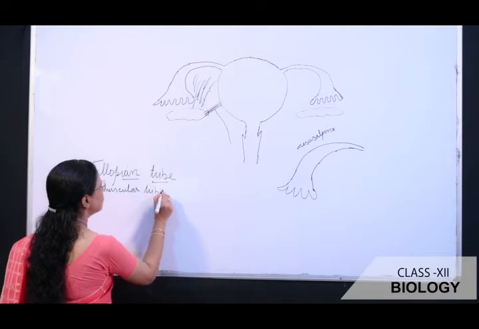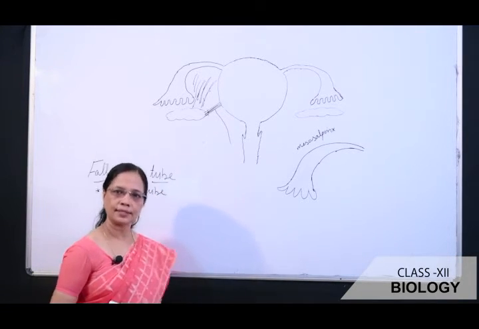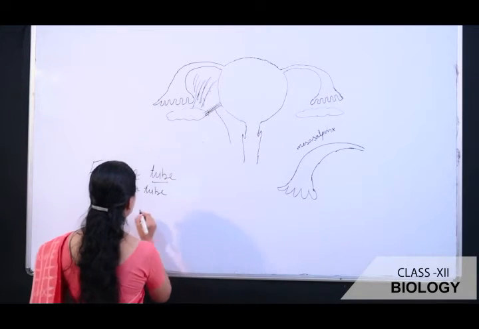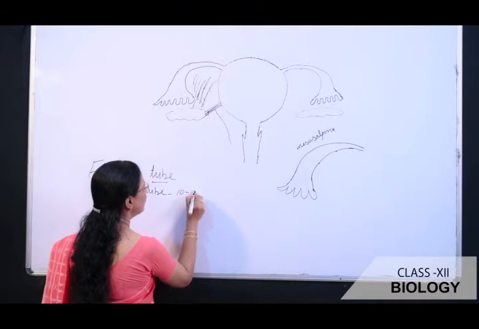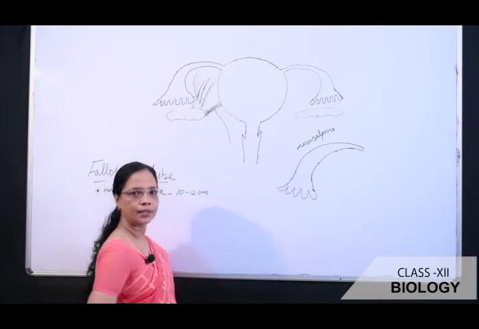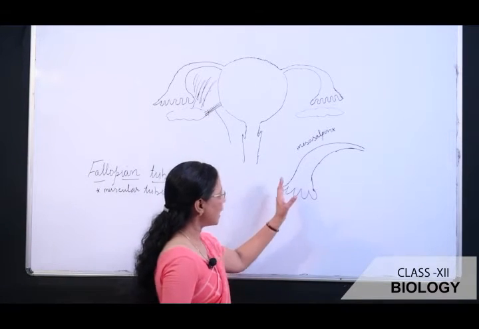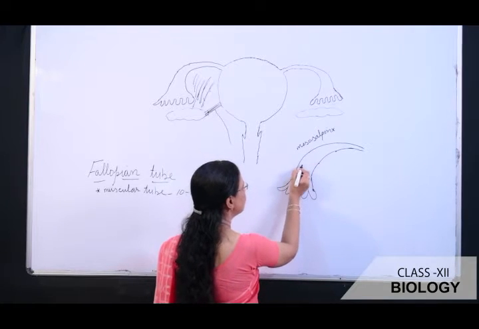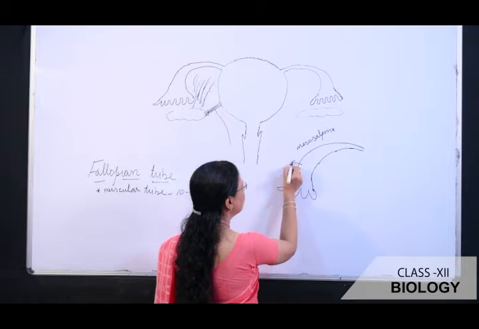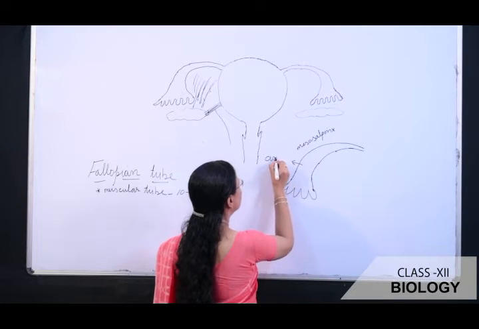It is a muscular tube-like structure, and its length is about 10 to 12 centimeter. Now it has different parts. This broad region is said to be the ampulla.